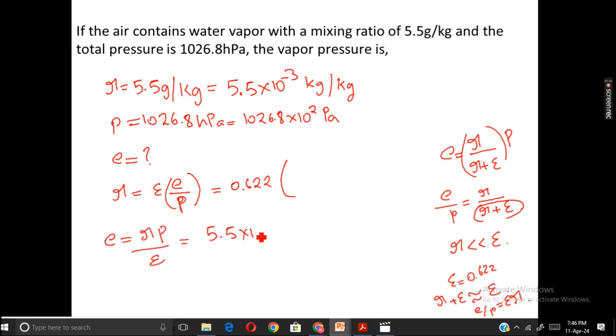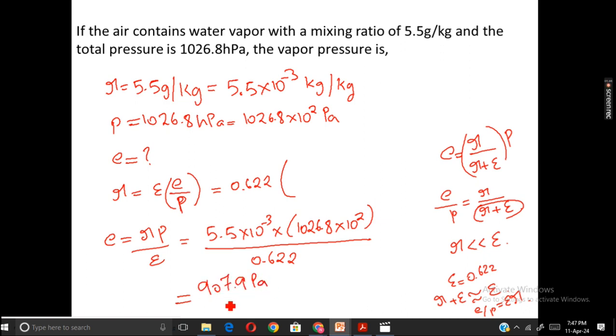R is 5.5 into 10 raised to minus 3, into total pressure 1026.8 into 10 squared, divided by epsilon, 0.622. That will give you a value of 907.9 pascal, or 9.07 hectopascal. This is the vapor pressure.